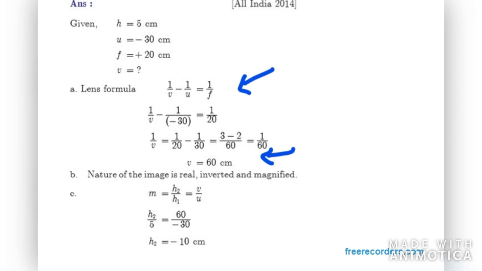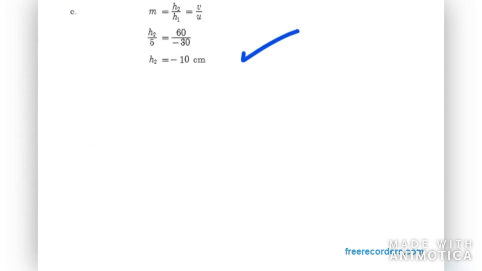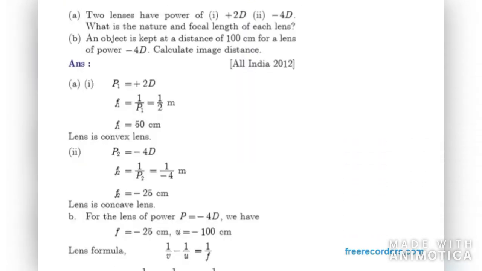Now moving on to next, this is the last question for this chapter number 10 in case of 3 marker questions. So two lenses have power of plus 2D and minus 4D. This is the same we did. If you have power that is plus, this will be a convex lens and you get your focal length in centimeter.